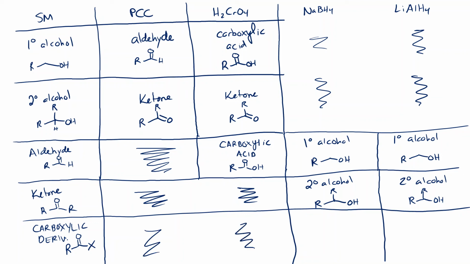In that case, oxidation doesn't do anything, right? Because there are no hydrogens there. Sodium borohydride doesn't do anything, no reaction. Right? So sodium borohydride would just give you the same thing back out. But what lithium aluminum hydride will do is it will give you a primary alcohol.